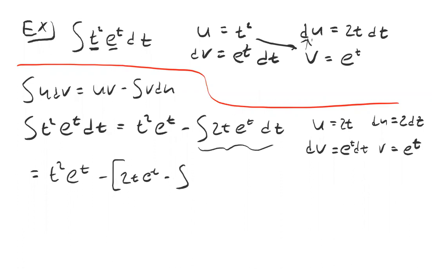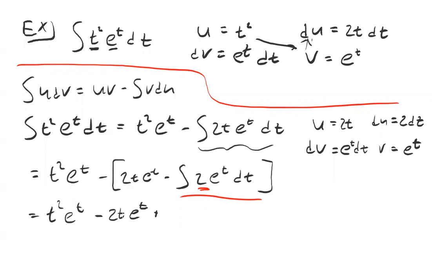The integral of v du is now 2 e to the t dt. And now you can see that if I factor this 2 out, this integral I can now do. That was the whole point of this integration by parts: we're trying to reduce this down to an integral that we're actually able to do. So this is t squared e to the t minus 2t e to the t plus 2 times the integral of e to the t dt.